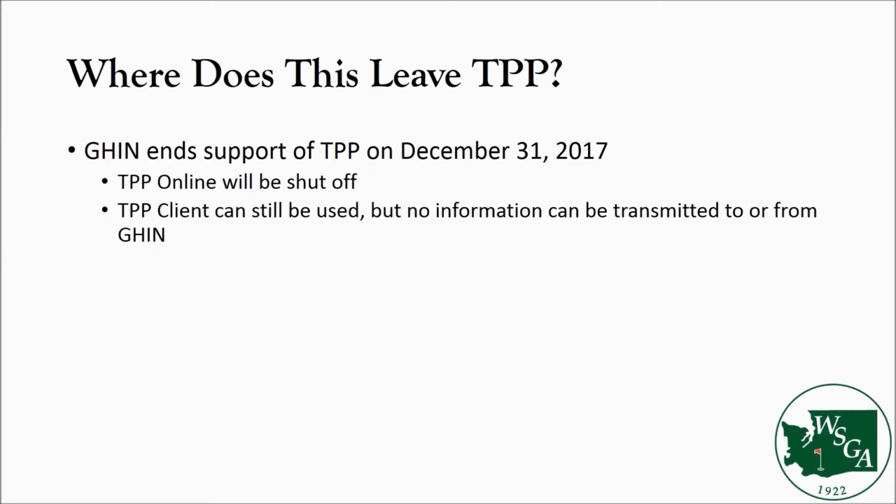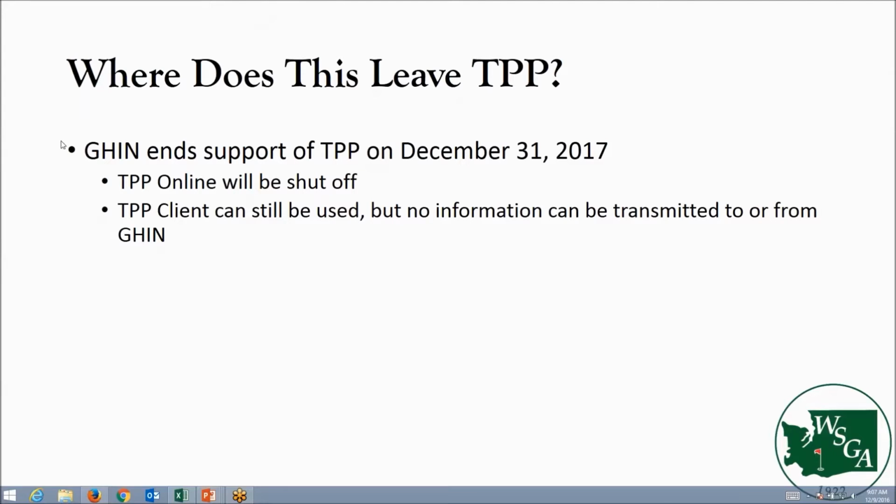And then TPP Client, because that was a software program that exists on your computer, will still work. That won't end, as long as you have an operating system that can handle it. As you know, it's an older program, so it's not receiving updates anymore to be compatible with newer operating systems. It will just operate on your computer if you have the capability. If you have a Windows 7 or Windows 8 machine, it probably will still work.